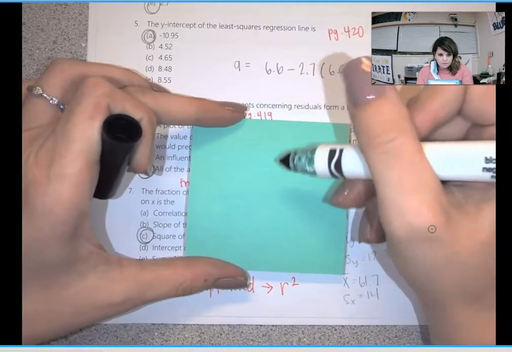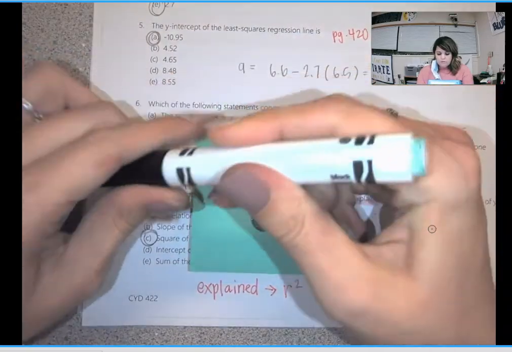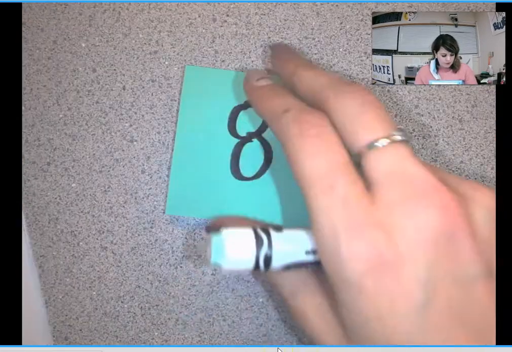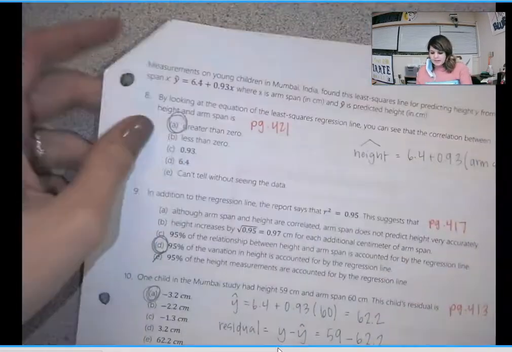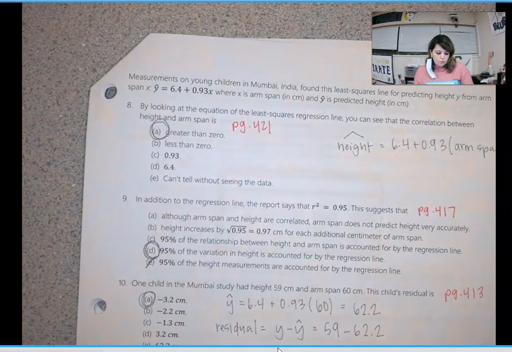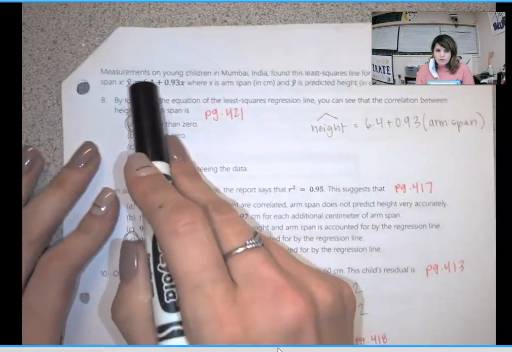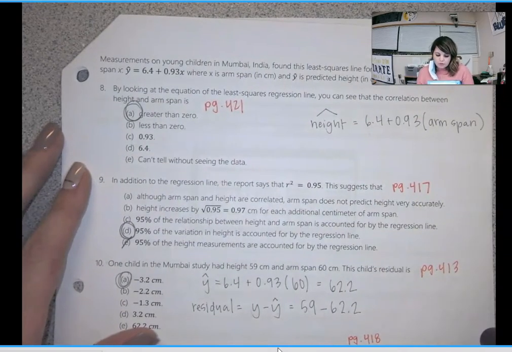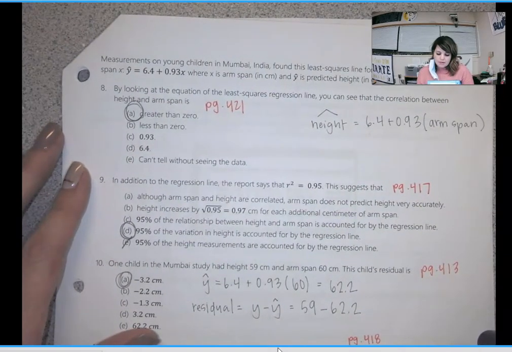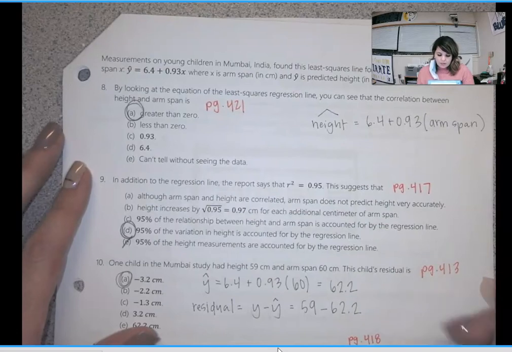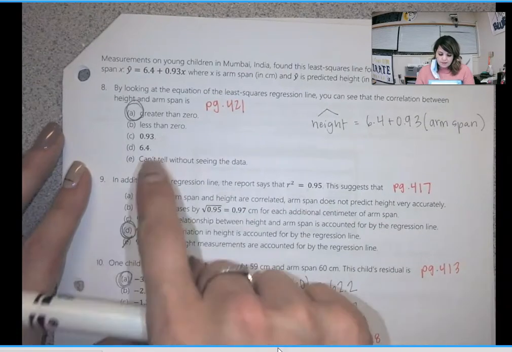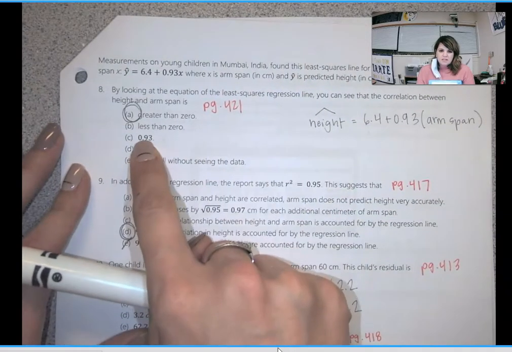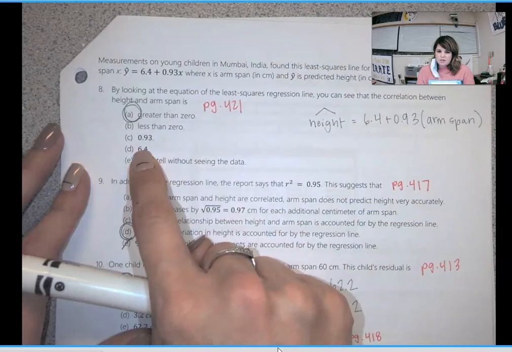Number 8, he's kind of tricky. So we have our least squares regression line here. It says by looking at this line, you can see that the correlation between height and arm span is. Well, it can't be C or D because this is slope and this is y-intercept.